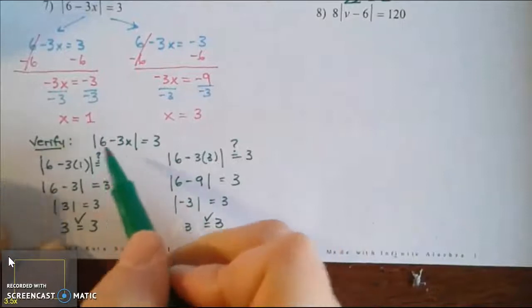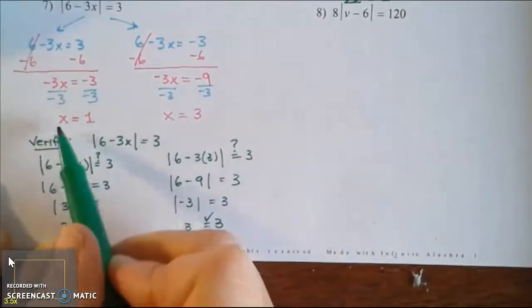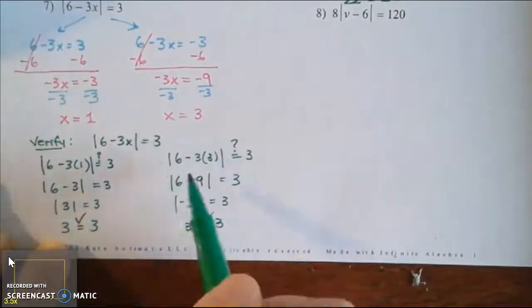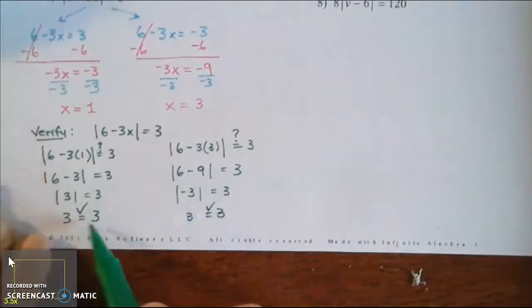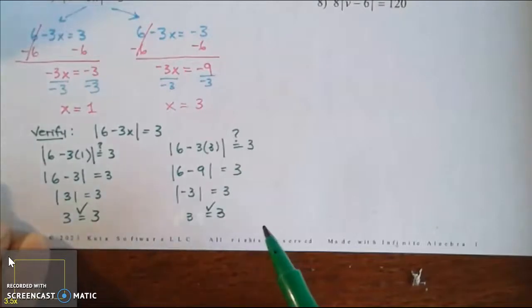And here's my verification. That's my original equation, and I'm substituting each of the solutions that I got separately and coming up with a true statement. Okay, I'm going to continue with number 8 in the next homework video.